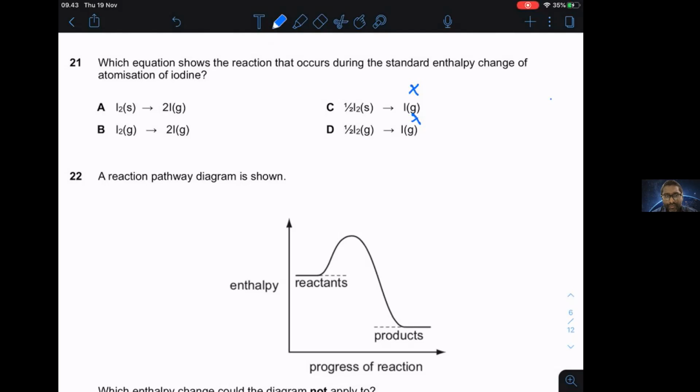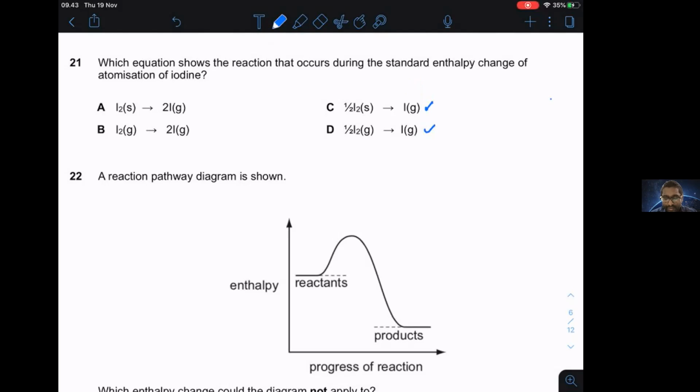So the enthalpy of atomization is going to be the energy required, the enthalpy change, to form 1 mole of atoms in gaseous form from the elements in the standard state.